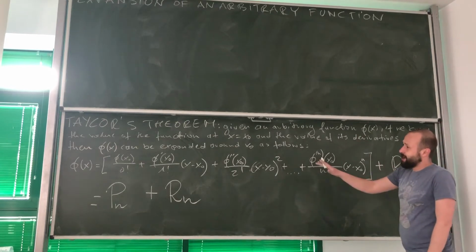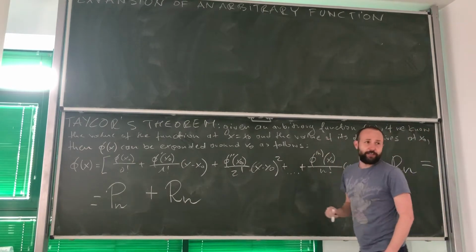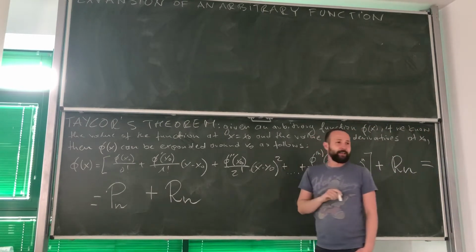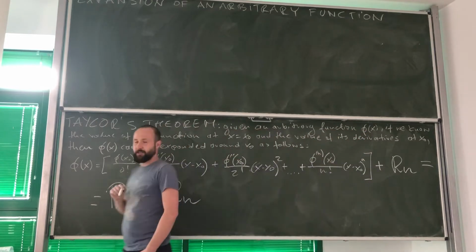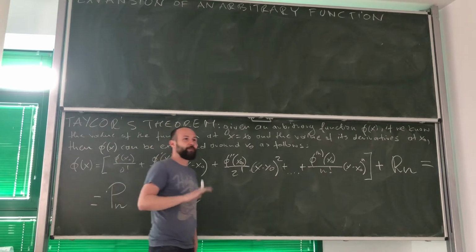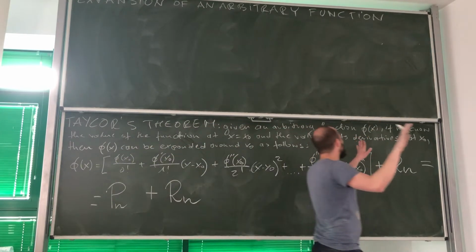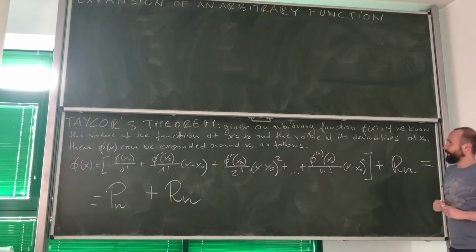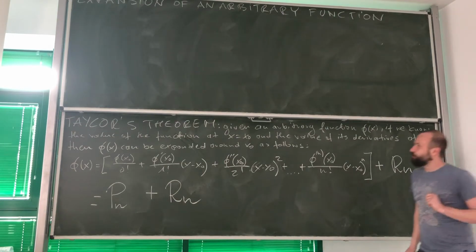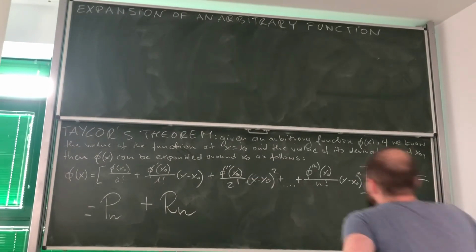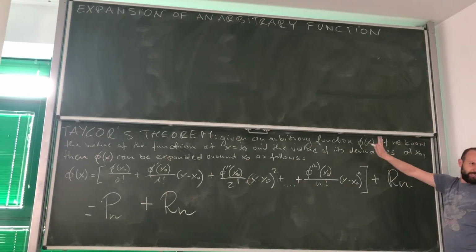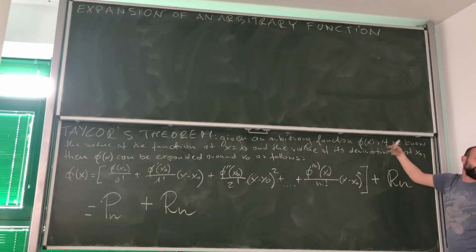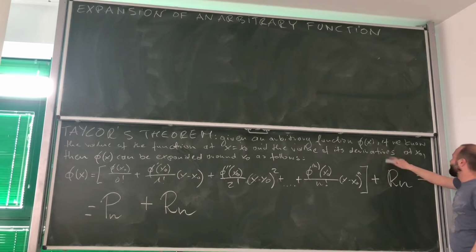So now we are going to apply Taylor series not only to polynomial functions, but to any arbitrary function. Okay, so let's go first through the theorem. Given an arbitrary function phi of x, so this can be any function, as long as we can calculate its derivatives, of course.